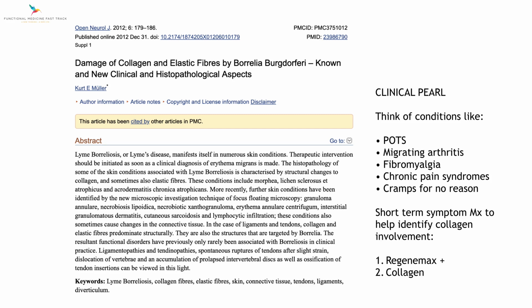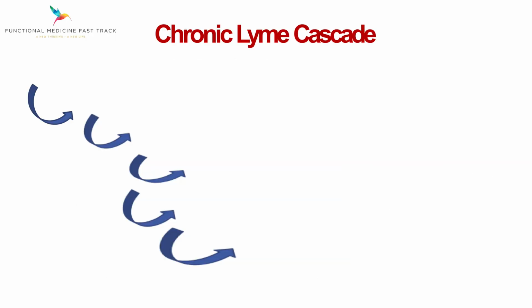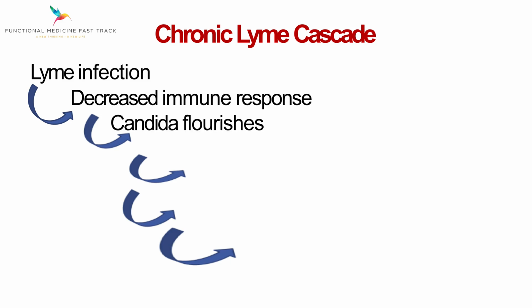And then it's about understanding, okay, how do we get re-control of this Borrelia? So here is the cascade. Once we have a Lyme infection from a tick, we get decreased immune response. We get candida that flourishes, and just general gut dysbiosis becomes worse.